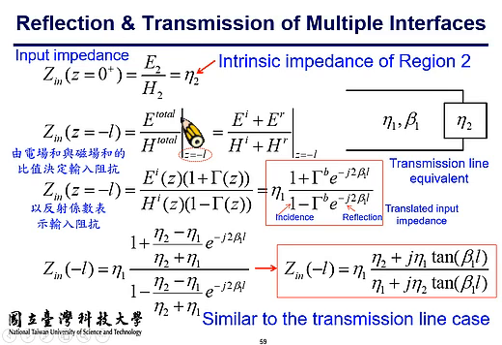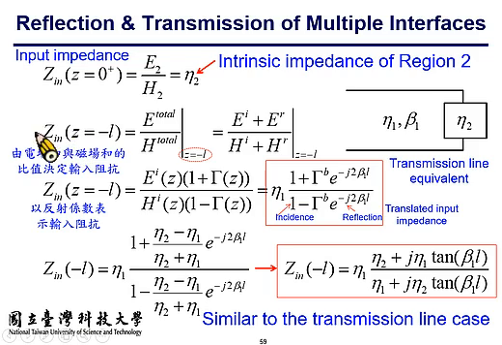And if you are propagating in a lossless medium, then the input impedance can be substituted with the intrinsic impedance of the region. Here you use eta 2 to represent the next medium.